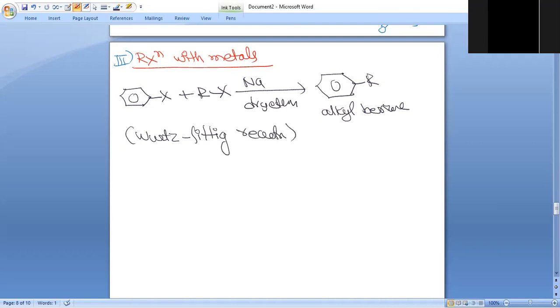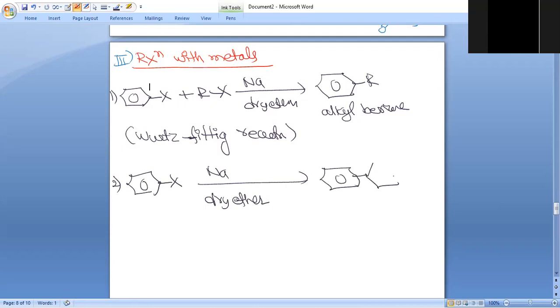One alkyl halide and one aryl halide is there, so it is called the Wurtz-Fittig reaction. Suppose both are aryl halides only, and we are taking sodium in dry ether. Then it will give biphenyl.